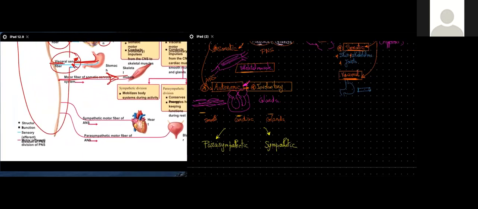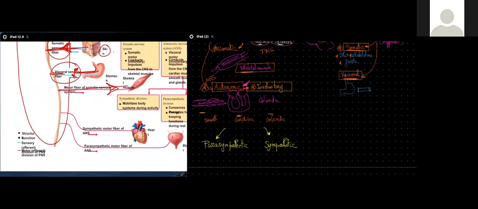What if you are sending out signals? If I'm sending out the signals from the nervous system to the effector organs, this is going to be my motor division of the peripheral nervous system. And according to whom you're sending the signals to, if you're sending the signals to the skeletal muscles, this is going to be somatic motor.